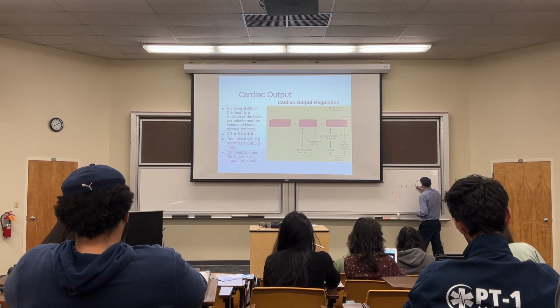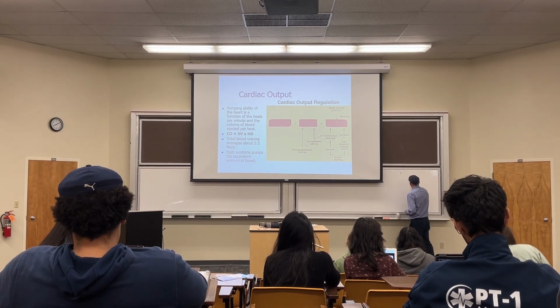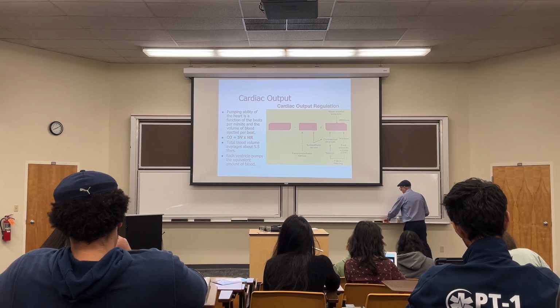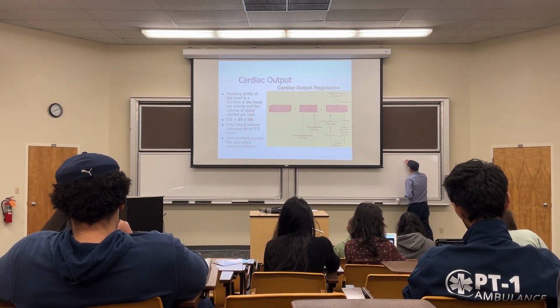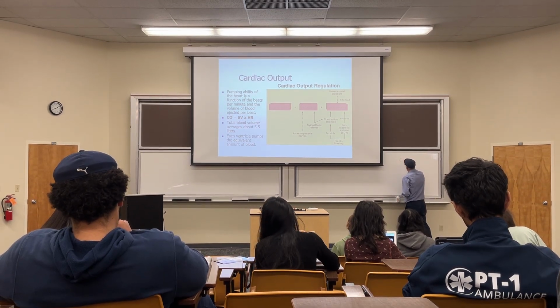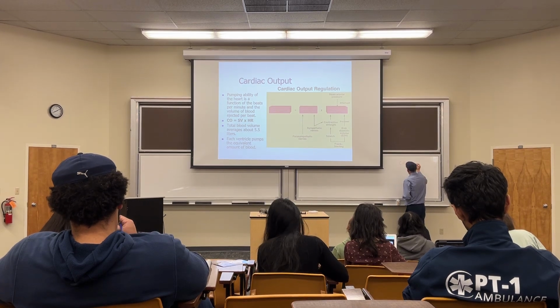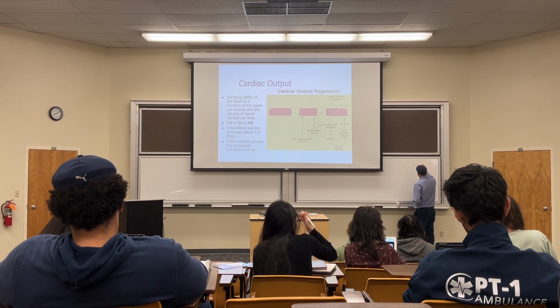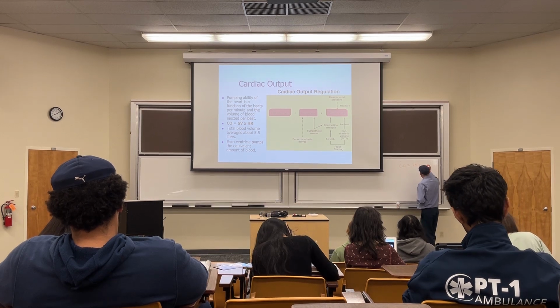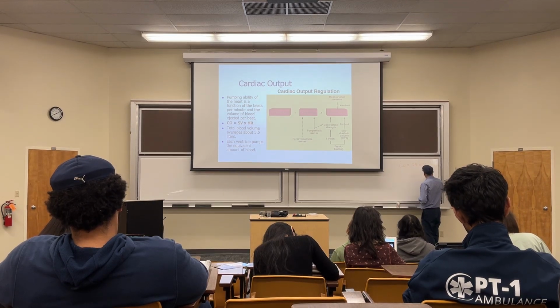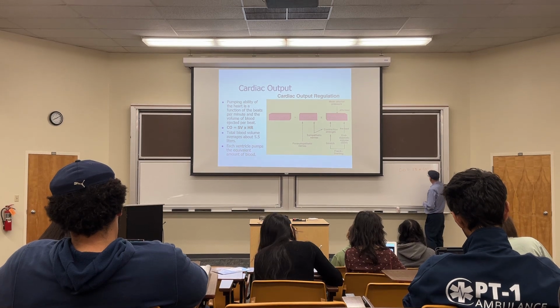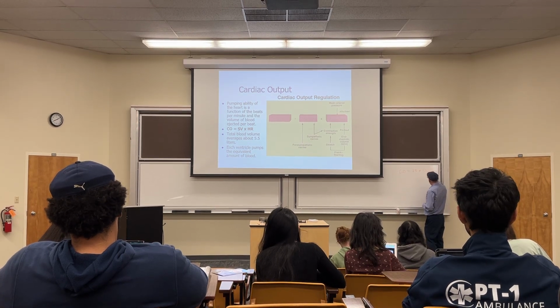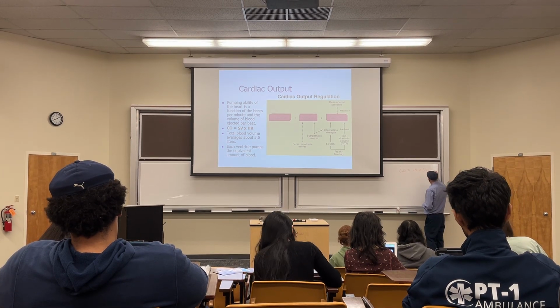So it's written there. I'll just write it here too. It's just like cardiac output equals heart rate times stroke volume. This is a volume. It could be in milliliters or liters. Milliliters per beat, right?